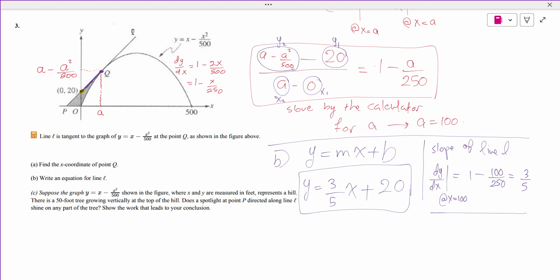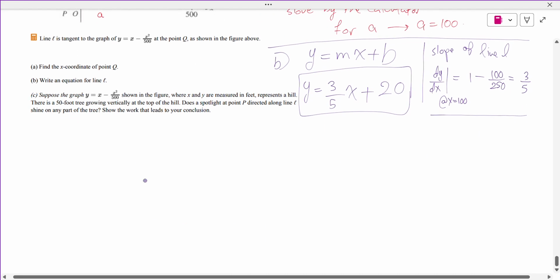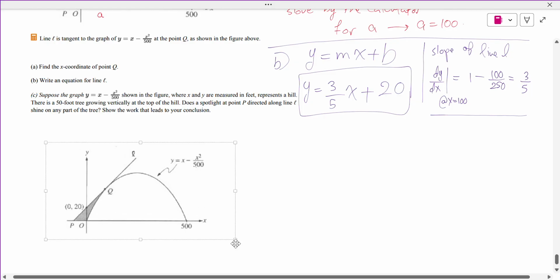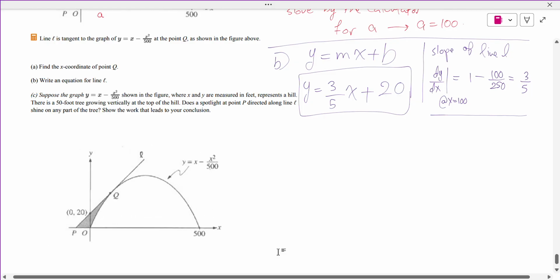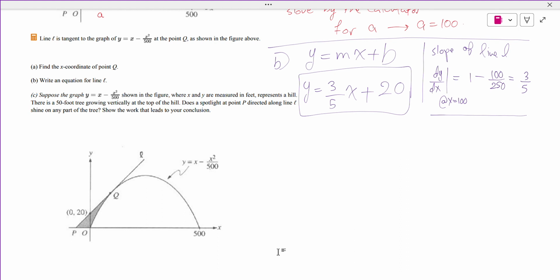For part C, let me take the graph again, because we need to sketch something on the graph. Suppose the graph y equals x minus x squared over 500 shown in the figure, where x and y are measured in feet, represents a hill.